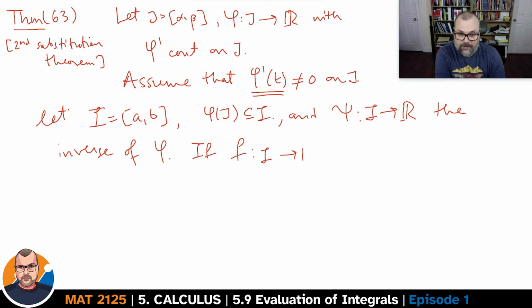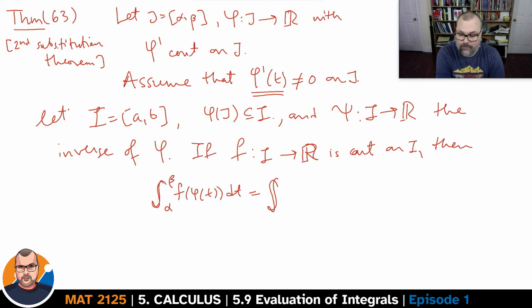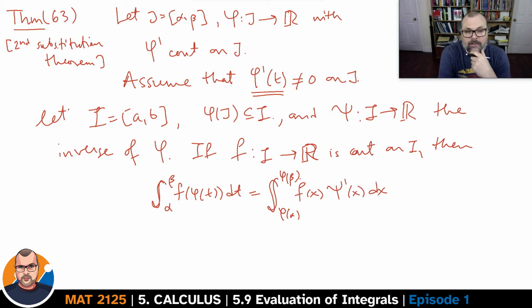If f is continuous on I, then the integral between alpha and beta of f of phi at t times phi prime at t is the same as the integral over phi alpha to phi beta of f at x times psi prime at x with respect to x. Possibly not quite the way you had seen that in calculus.